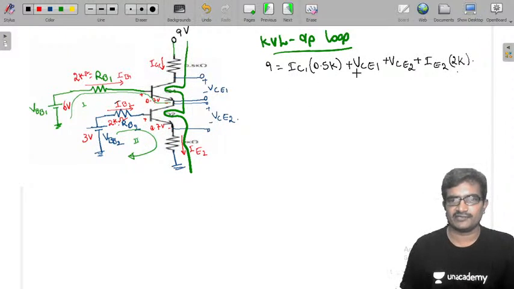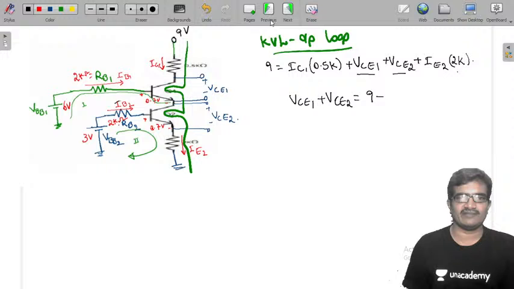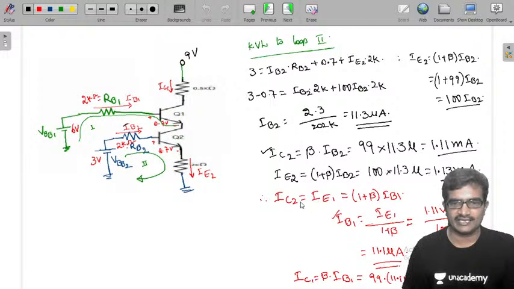So in this equation we have two unknowns, VCE1 and VCE2, but we know the values of IC1 and IC2. First, from this I am going to calculate VCE1 plus VCE2, which is 9 minus IC1 and IE2.